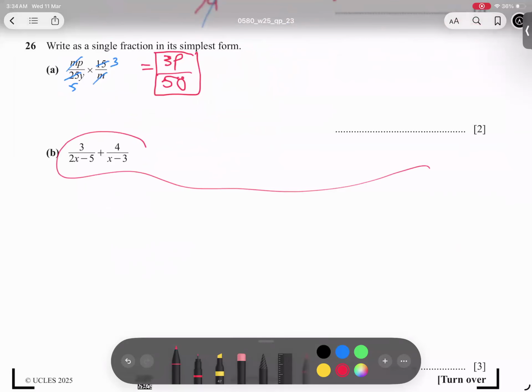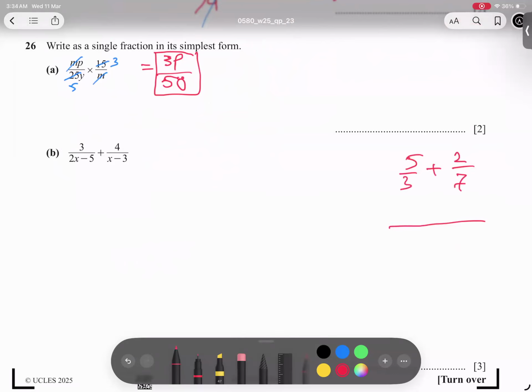How to deal with this kind of question? Very interesting. Before I start, for example, 5 over 3 plus 2 over 7. Whenever this kind of question comes, we cannot take a common factor, we cannot divide by one common table. If so, then the product of the numbers is the LCM. So in this particular scenario, we multiply here and multiply here.